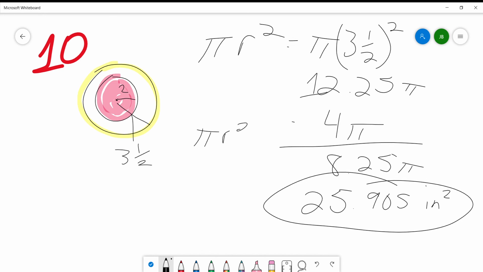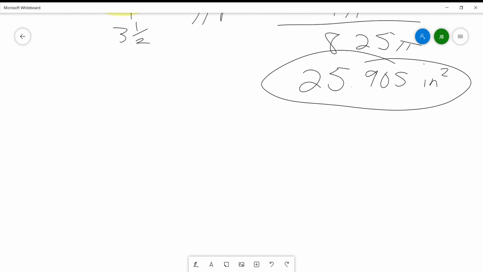That was A. Number B. Find the volume of the pipe. I think they mean not the whole cylinder, but the volume of the pipe.